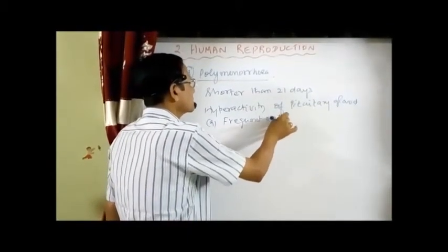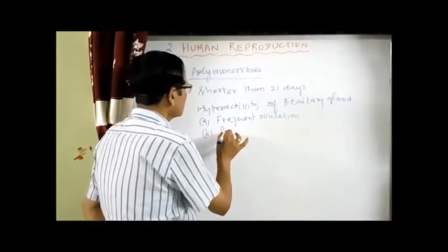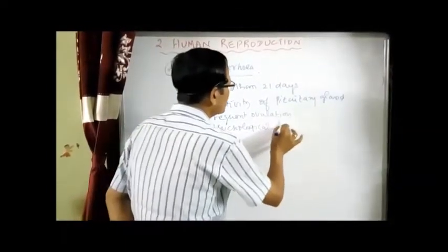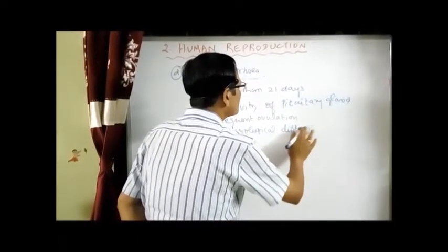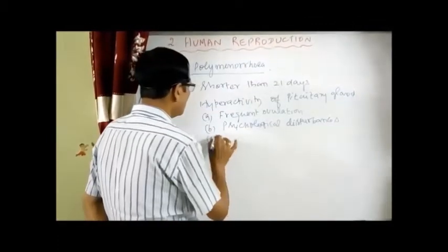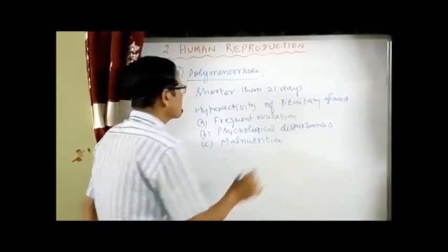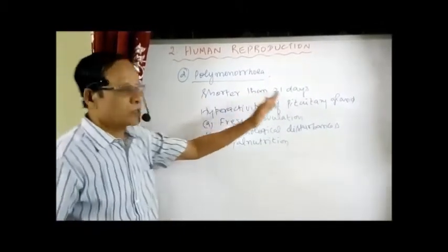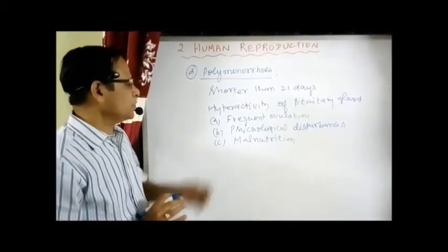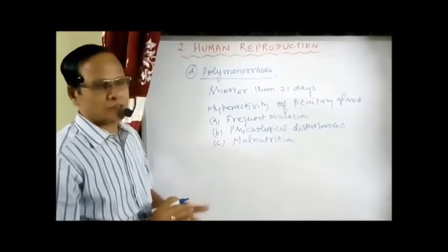Then we have psychological disturbances, and also malnutrition. So the menstrual cycle is shorter than 21 days because of the overactivity of the pituitary gland, which causes frequent ovulation, and also psychological disturbances and malnutrition.